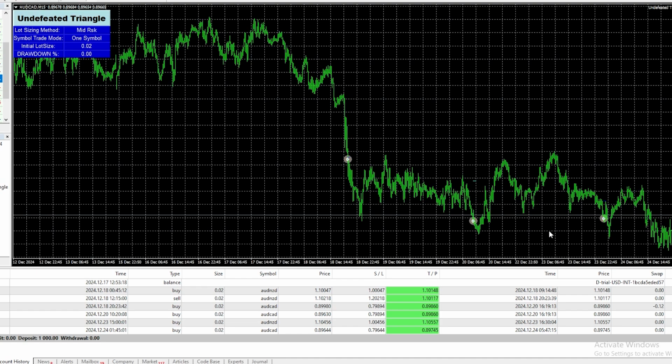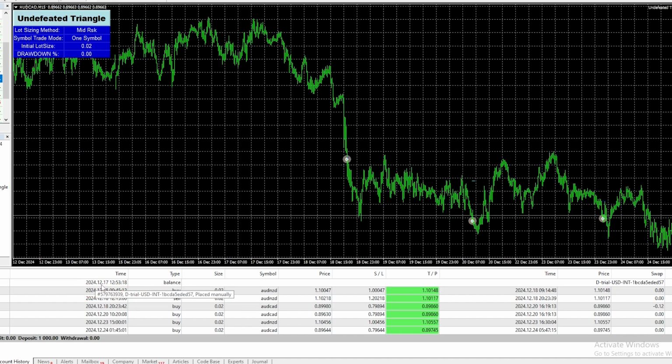It has taken trades here and here and here. So it has placed a lot of trades on 0.02 lot size on odd NZD pair and odd CAD pair. So it started trading from 18th of December.